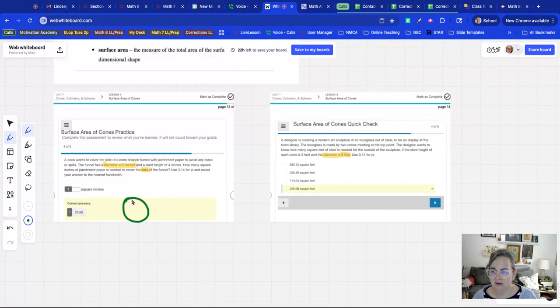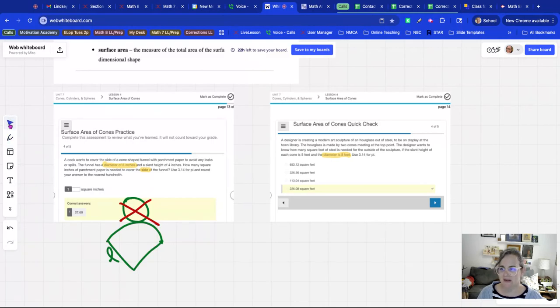So if you unwrap the funnel and here are the sides of it, remember from that picture, slant height is L. We do not want to cover the circle in this one. Okay, so what does that mean?